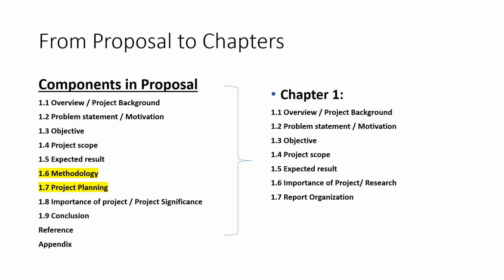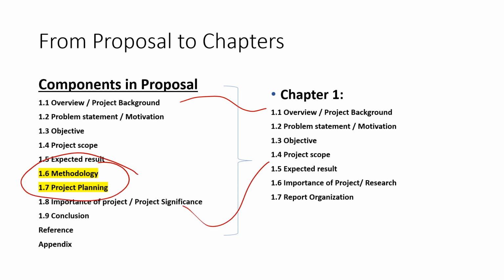3. In your proposal you have about 9 components, from overview, objective, scope, and so on. From these you can take some of the components to become chapter 1. Take all of this to become chapter 1.